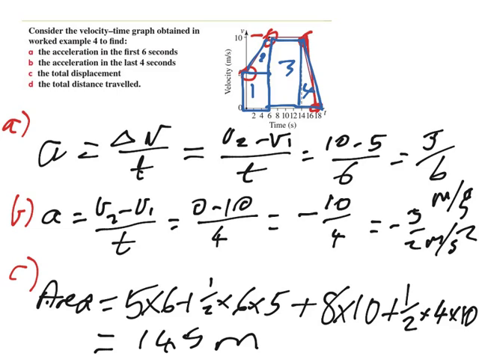Alright, total displacement, total distance, well in this case it's all above the axis, so it's all positive area.